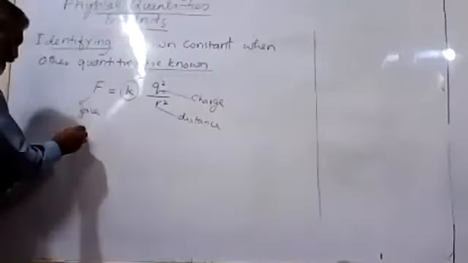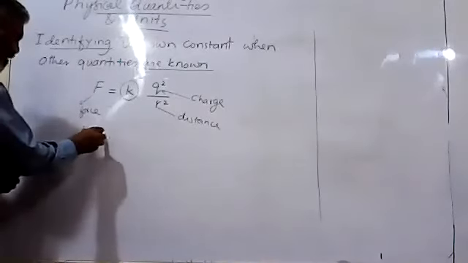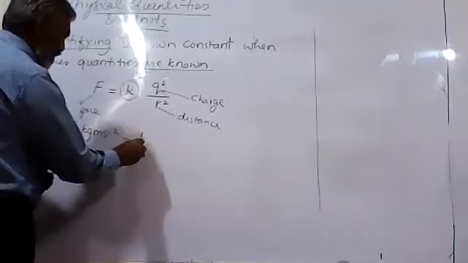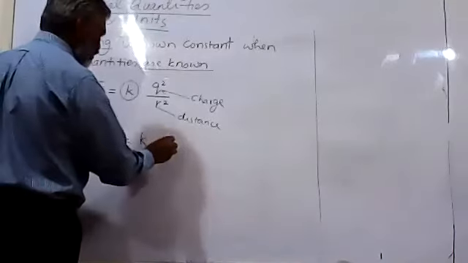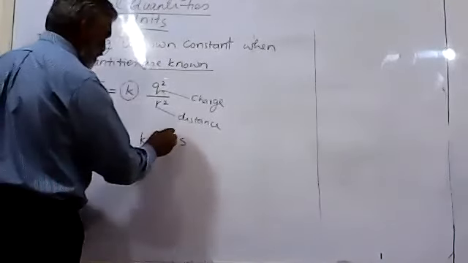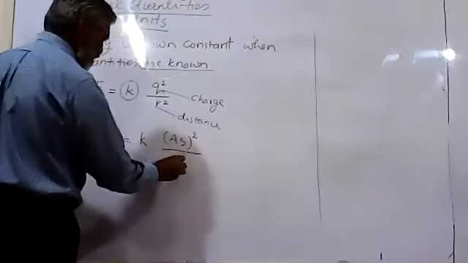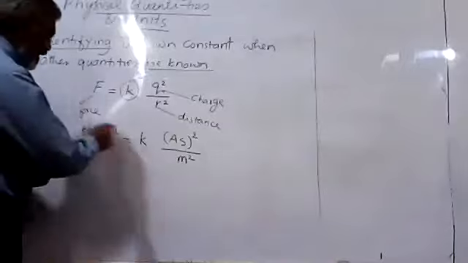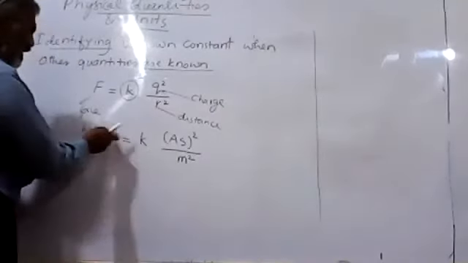So force again is kilogram meter per second square, equal to this K written as it is, times charge, A s, whole square, divided by distance, which is meter square. Now we can simplify it. We can move this m to this side and divide.